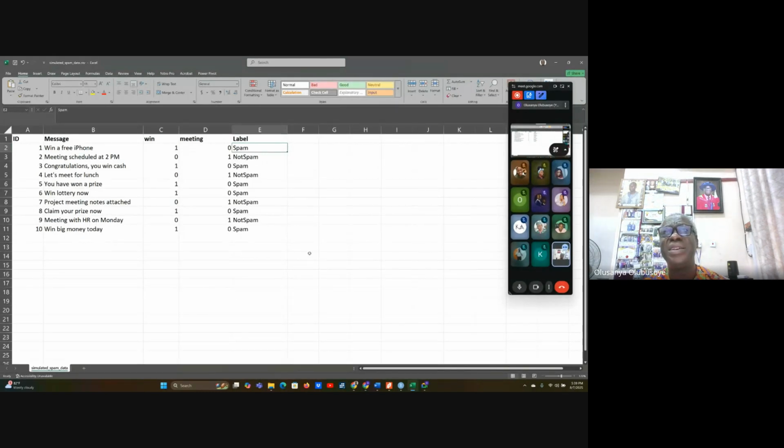You can compute the chance of receiving a spam message and the chance of not receiving a spam message. So the two probabilities are what we call the probabilities of each group, even without looking at the features win and meeting.